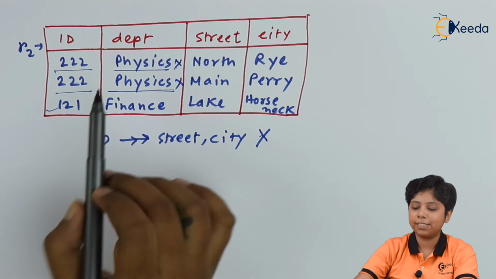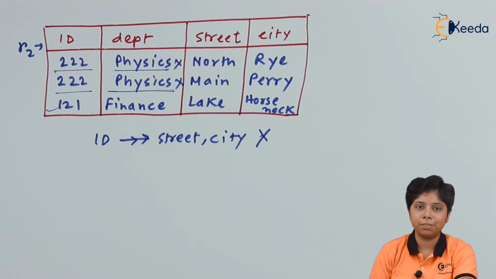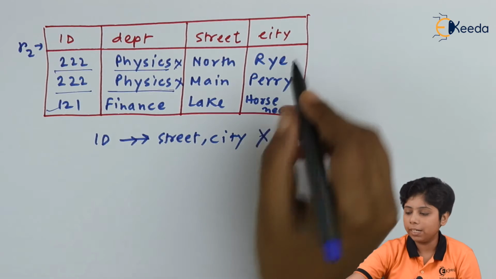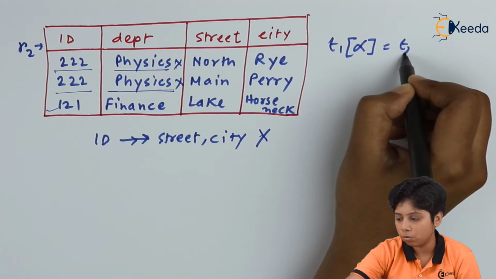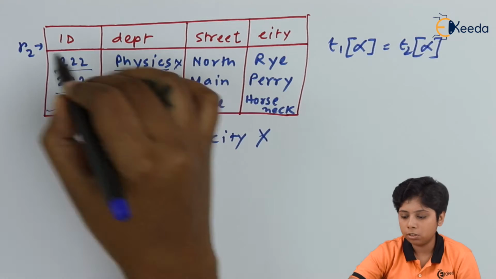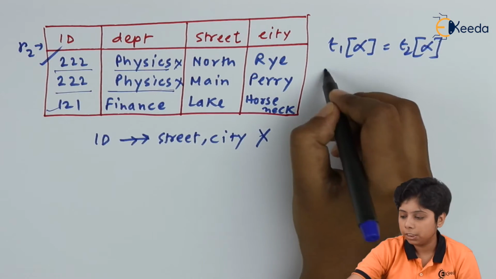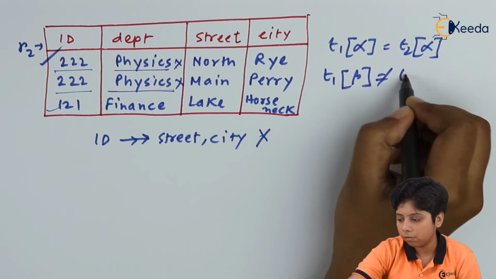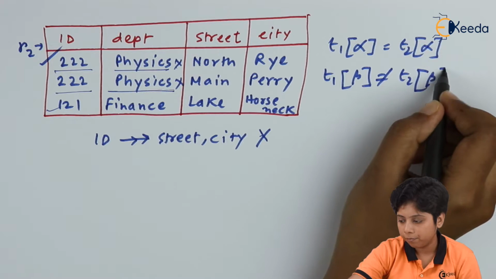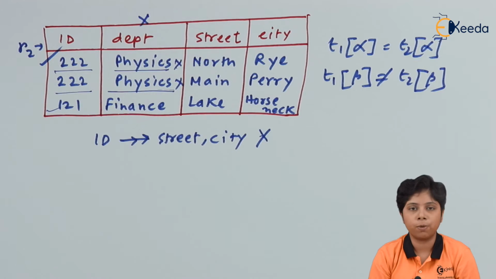That means we have the same ID with two departments and that department has got the same name. So the constraint, that is t1[alpha] equals t2[alpha], is satisfied here, but t1[beta] not equal to t2[beta] does not hold for this one.